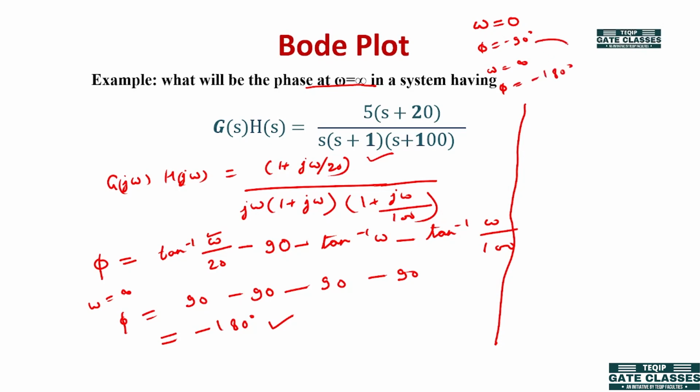So our angle is varying between minus 90 and minus 180 degrees for this particular question. We can put all the different values, 0.1 and the cutoff frequencies 20 and 100, and we get the different points on the phase plot, and we can draw those plots and draw the phase diagram if we need to.